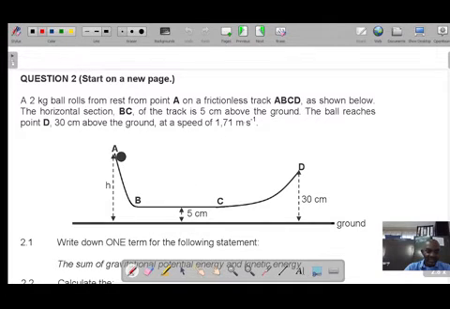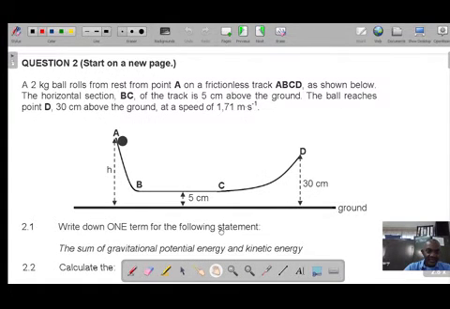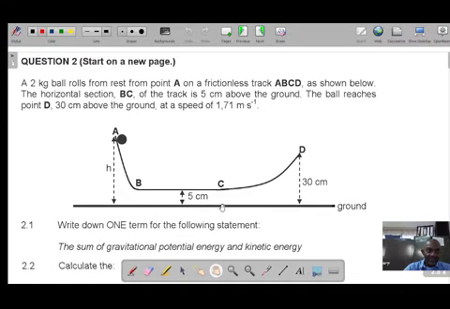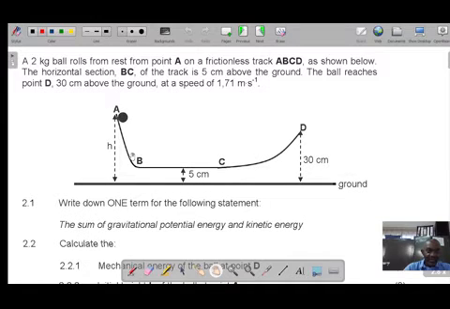Let's check it out again. They're saying that a 2 kilogram ball rolls from rest. Underline the word rest.